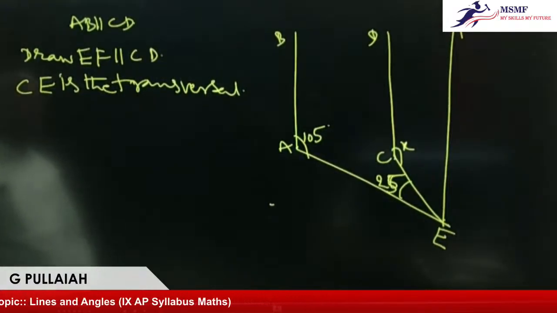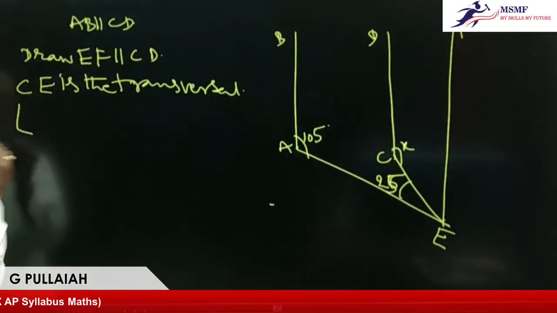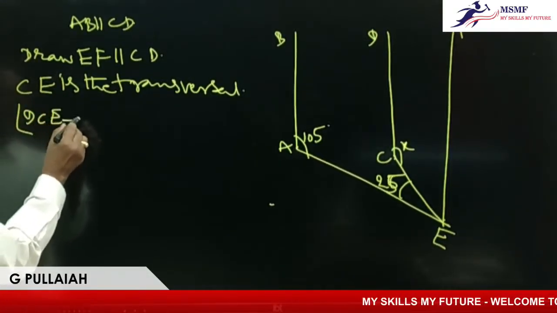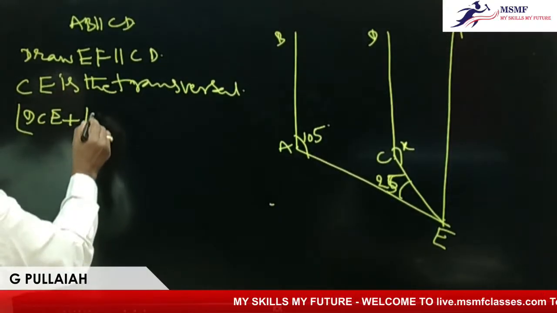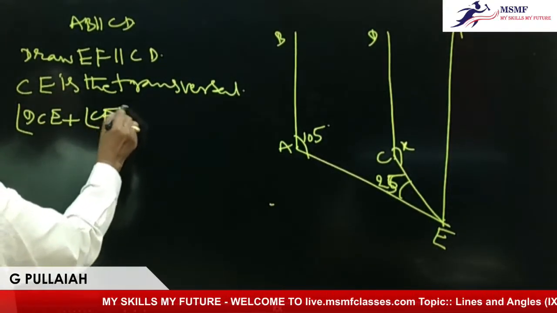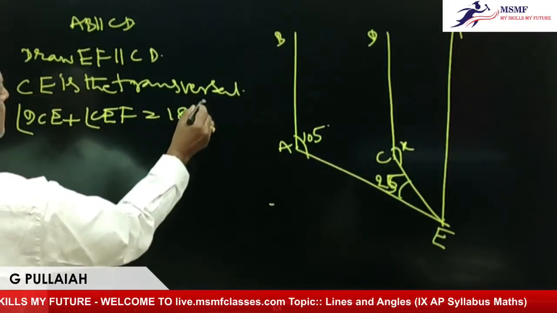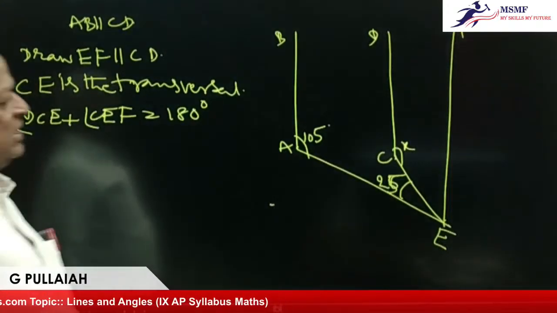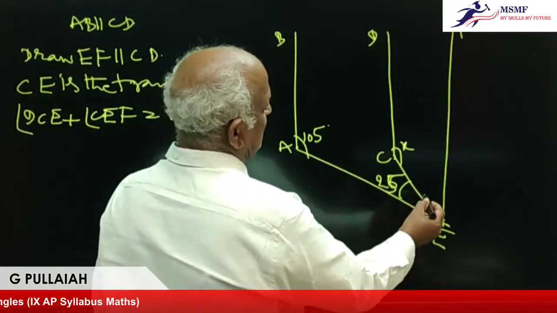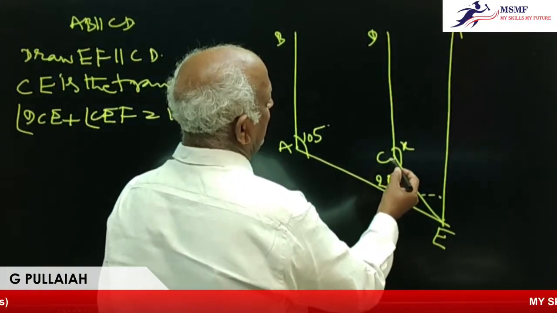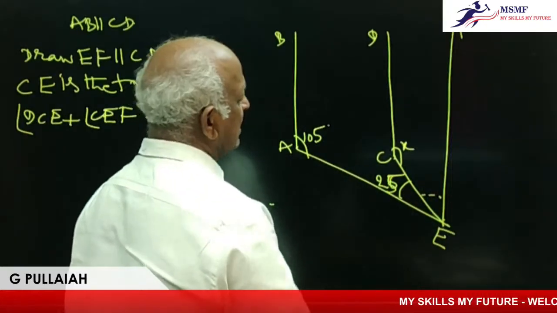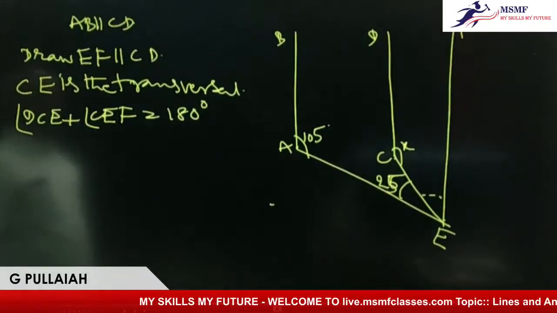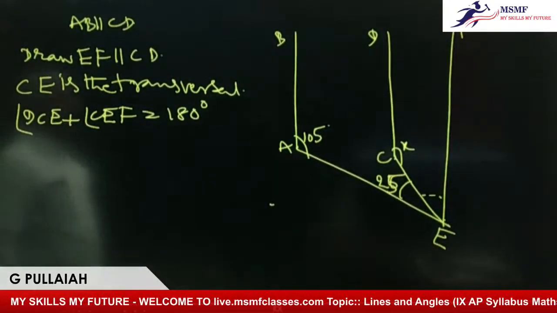If CE is the transversal, you can say angle DCE plus angle CEF is equal to 180 degrees. Why? Because these two angles, CEF and DCE, are on the same side of the transversal. I mean the interior angles, co-interior angles. The sum of the co-interior angles is supplementary.